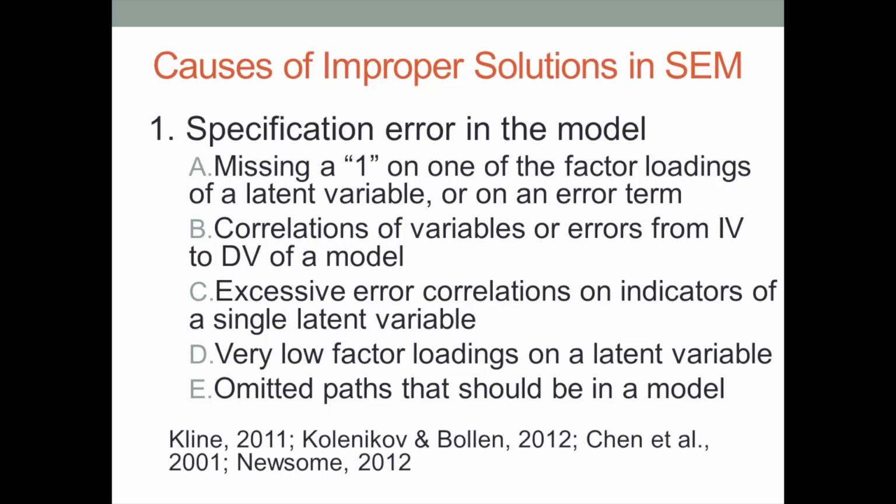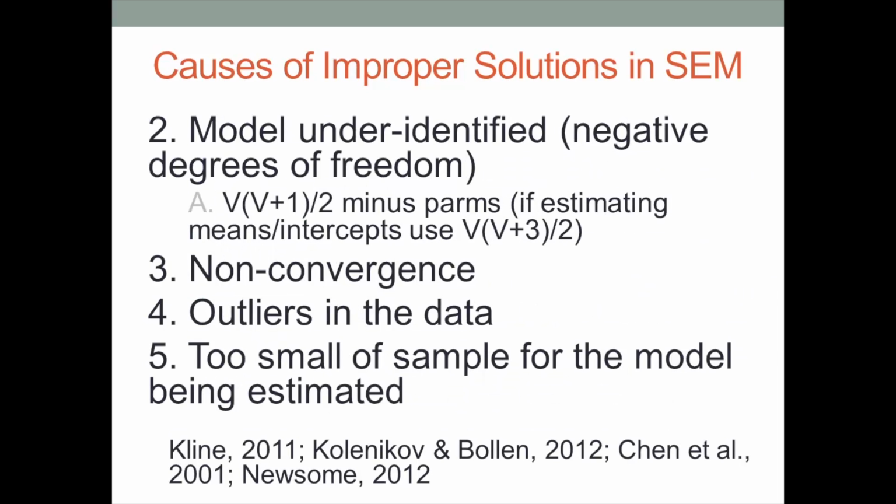You may simply have poor loadings on a latent variable, or you may have omitted paths that should be in a model. So you're assuming that they're 0 by not having them in your model. You may have an under-identified model. You may have a model that does not converge after so many iterations.